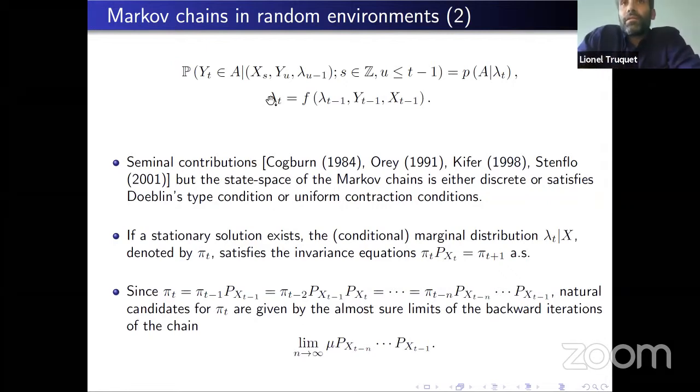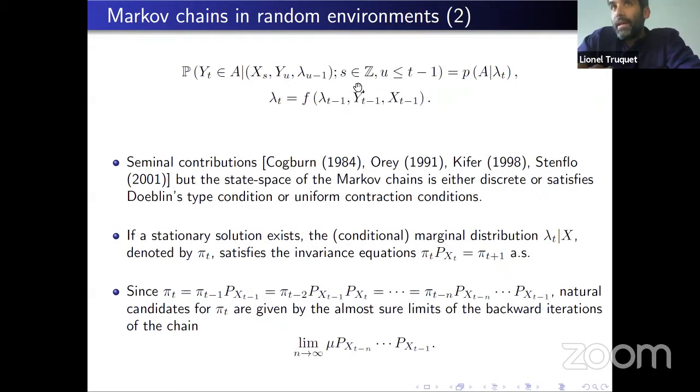And for instance, if you look at the lambda process, it is a quite complex thing, especially if the variable y is discrete, because when you iterate this autoregressive function, you obtain an infinite function of the path value of y. And typically, the distribution of lambda will be continuous, but not necessarily absolutely continuous. And in particular, you cannot apply the classical theory of irreducible Markov chain.